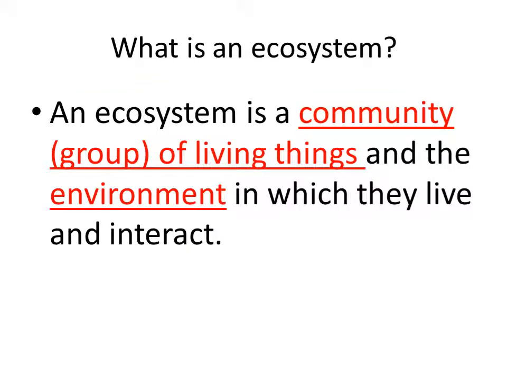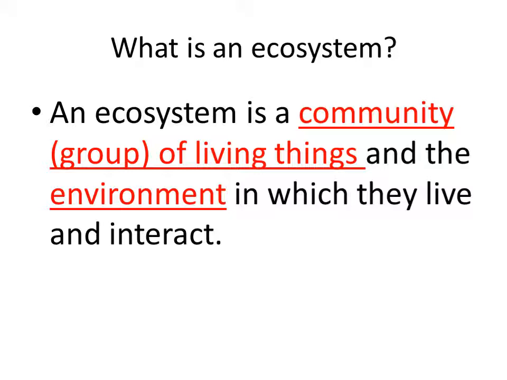What is an ecosystem? An ecosystem is a community of living things and the environment in which they live and interact. Now let's explain what do we mean by a community of living things. Let's take for example a forest ecosystem.